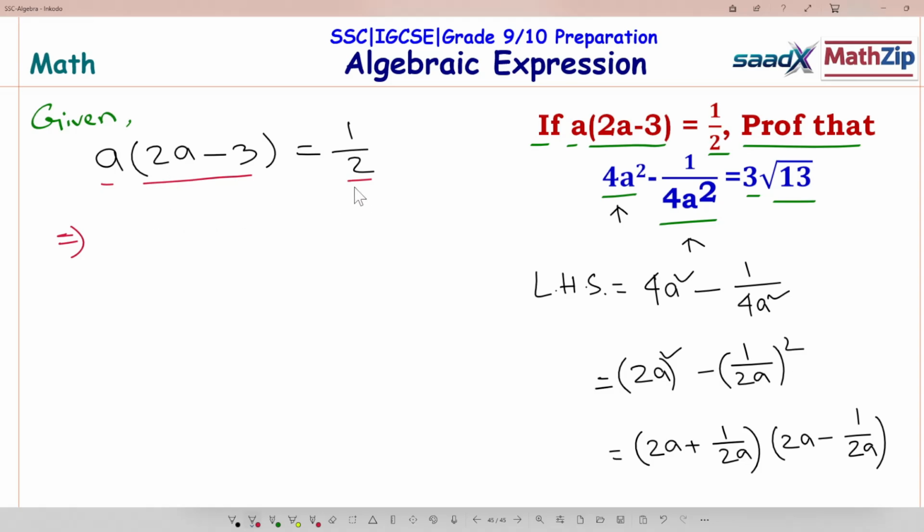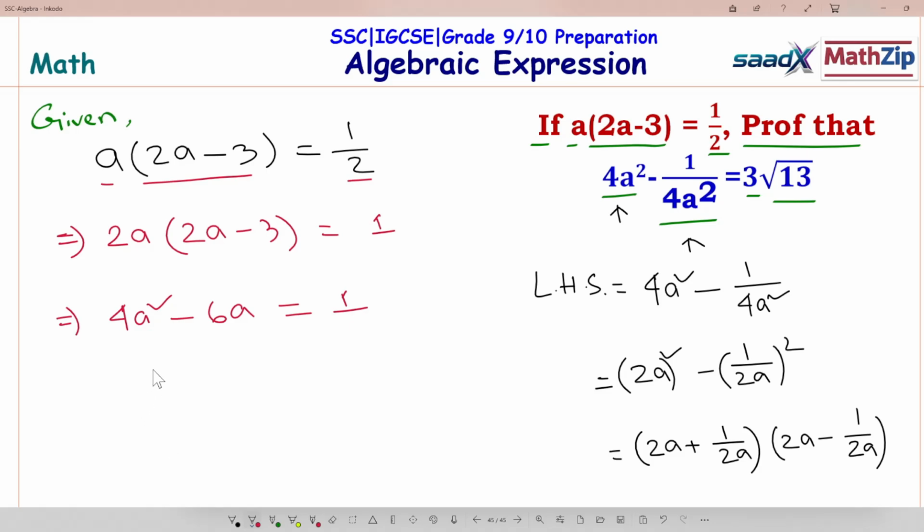This one we can write, if we make cross multiplication, it will be 2a and here 2a minus 3 equals 1. Now it will be 4a square minus 6a equals to what? Equals 1, right? Then what can we do?